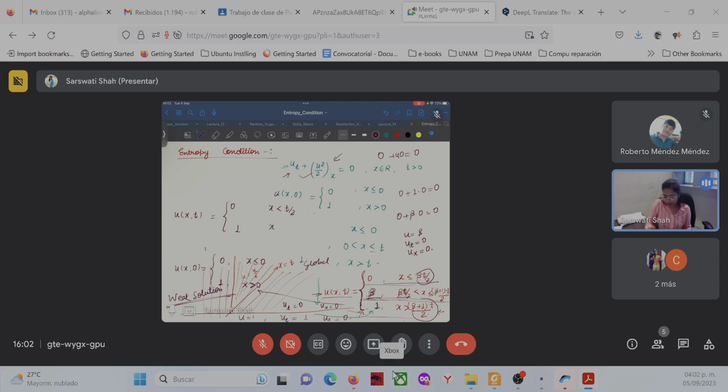can you check that this is a weak solution of the given PDE or not? Please check and tell me.